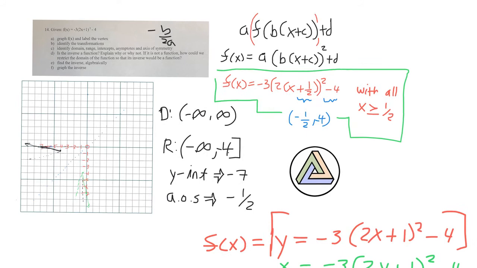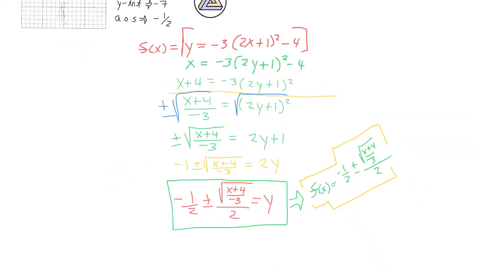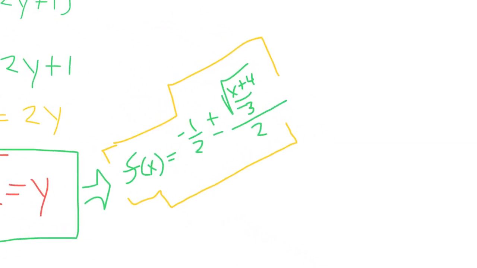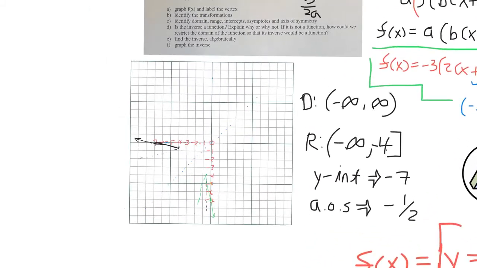Let's see. They also want us to graph the inverse. Well, we kind of did that before. Now, clearly, it would be a very confusing thing to attempt to graph this, right? So I would say if you're going to graph the inverse, rely on your graph of the first function.